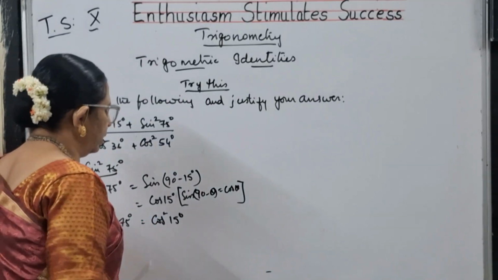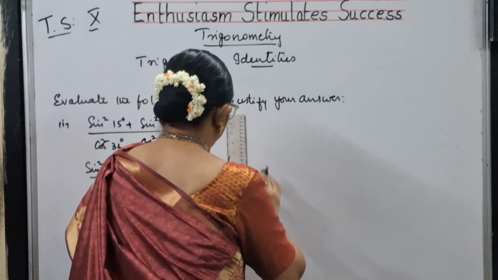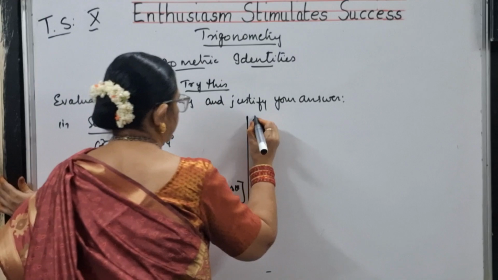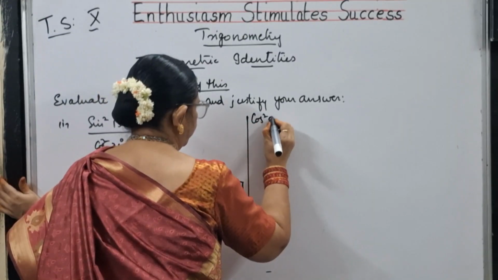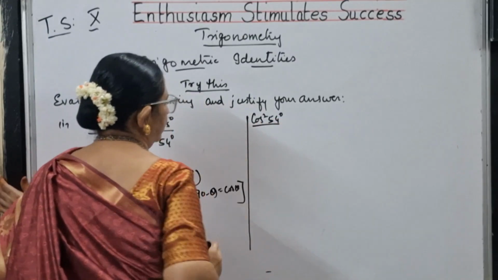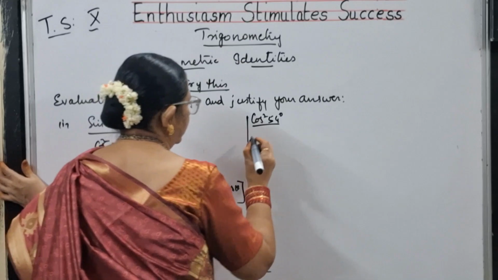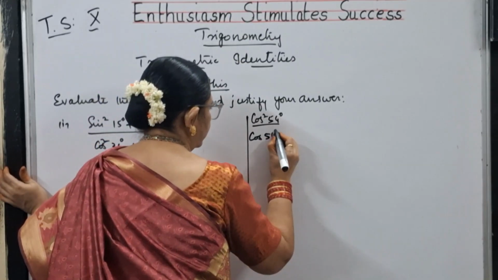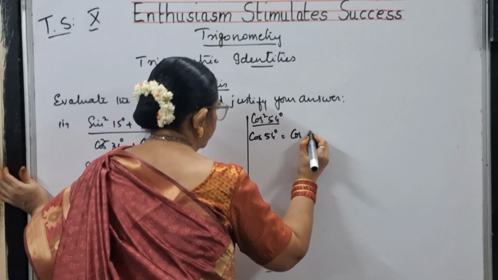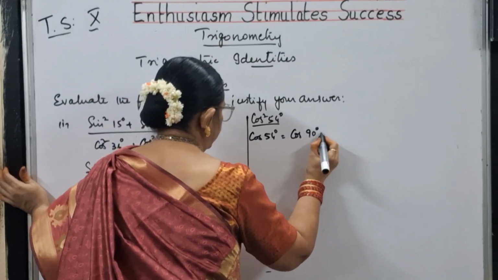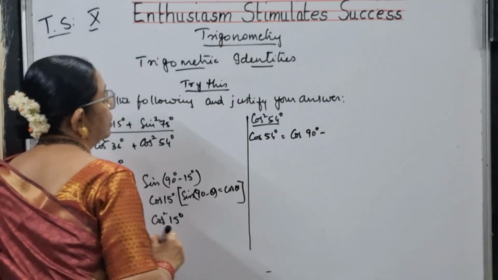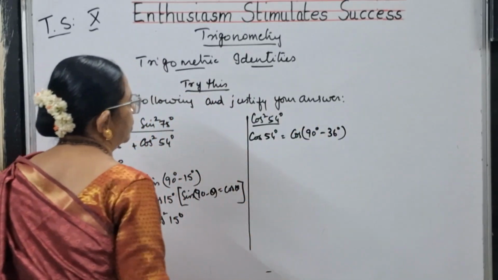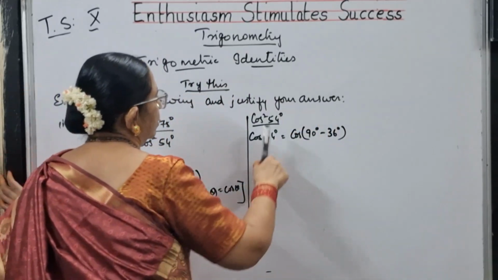Similarly, I go for the denominator. Let me take in the denominator cos square 54 degrees. I want to convert this into sine. So we know that cos 54 degrees can be written as cos of 90 degrees minus 36 degrees, because 90 minus 36 is 54.